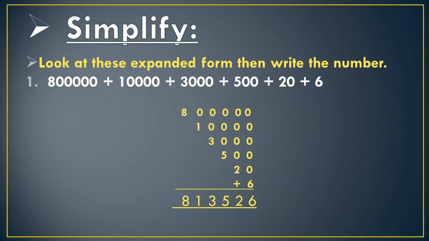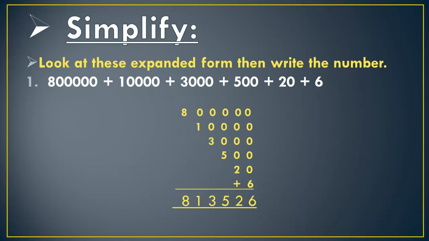So we have the expanded form of the number. So how do I get the original number from this expanded form? We know that expanded form is nothing but the number written according to the place value of different digits and then adding them.